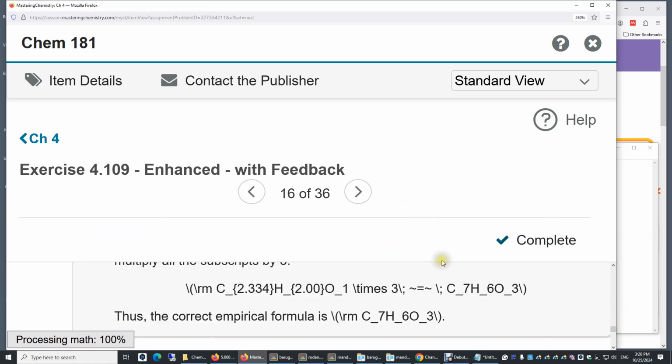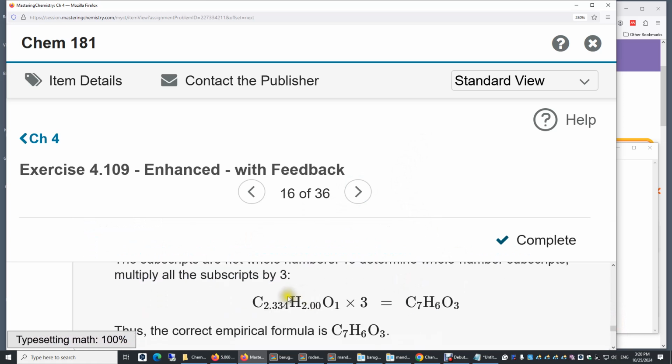Submit. You can see they pretty much used the same method as we did. They got carbon 2.33, hydrogen 2, oxygen 1, and then they also realized this should be multiplied by 3, and then they got the empirical formula.